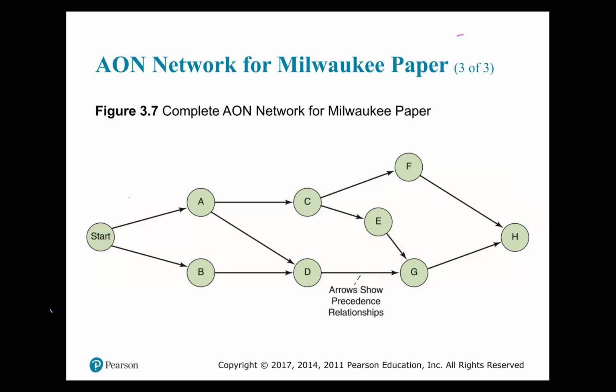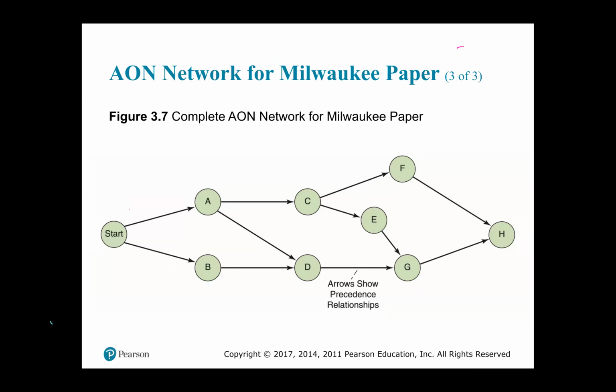We are going to have to add some more information to the nodes. In that, we're going to have to redraw our nodes to display the activity name up here, the activity time down here, the early start over there, the early finish over there, the late start over there, and the late finish over there.